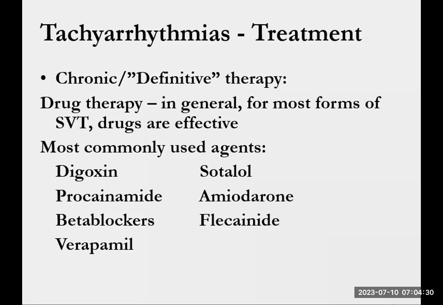There are some patients in whom drug therapy is used as their definitive and chronic therapy. Commonly used agents are digoxin, procainamide, beta blockers, verapamil, sotalol, amiodarone, and flecainide. Throughout the year, we're going to go over each of these agents in greater detail.